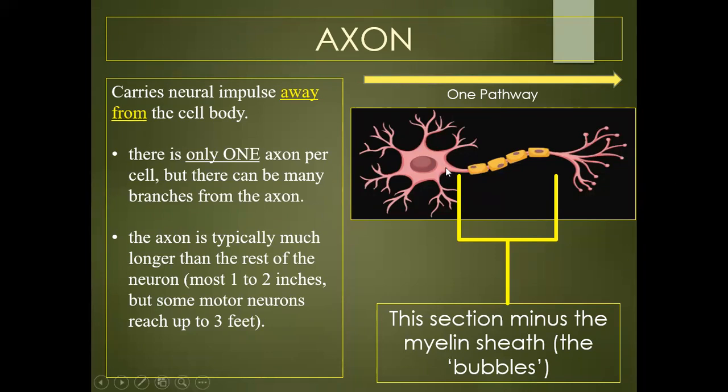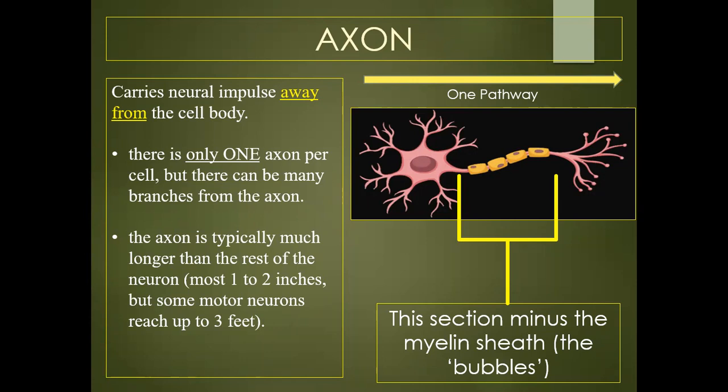It goes from the axon hillock to the axon, down the axon to what eventually will be called the terminal buttons and the synaptic gap. But there is one pathway in which information travels. Starts at the dendrites, ends at the synapse. It cannot enter in any other place than a dendrite. It cannot exit any other place than at the synaptic gap.